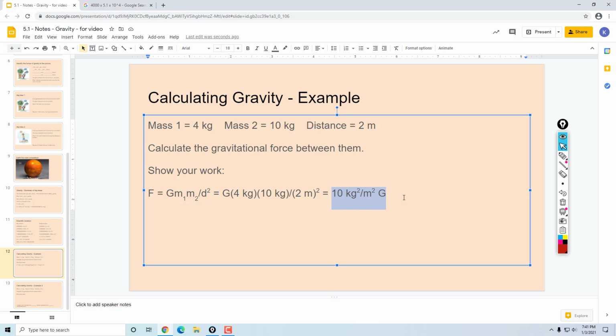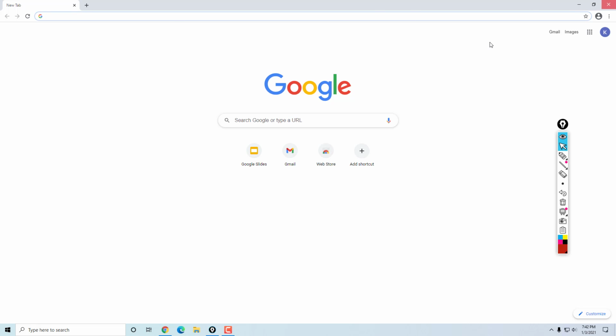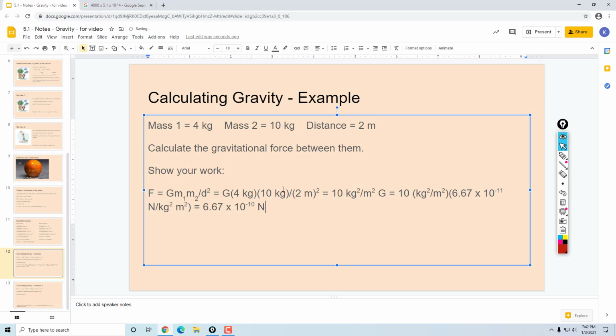If we plug in G, that's 10 times kilograms squared divided by meters squared times 6.67 times 10 to the negative 11, and this is newtons times meters squared divided by kilograms squared. That way the units cancel and we get newtons at the end. And we get 6.7 times 10 to the negative 10 newtons. But really, you can just answer like this.